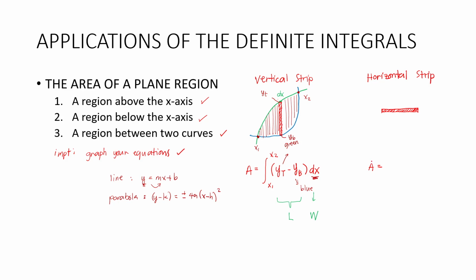So the formula would be x sub r, meaning x right minus x left, and then dy. Then the limit of integration would be from y1 to y2.